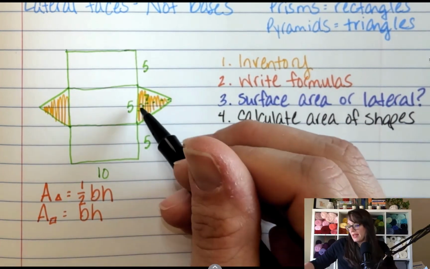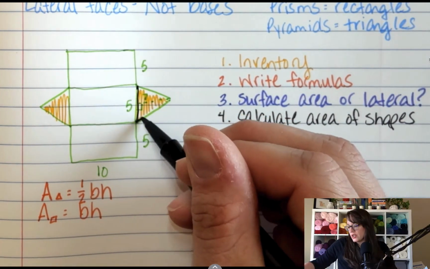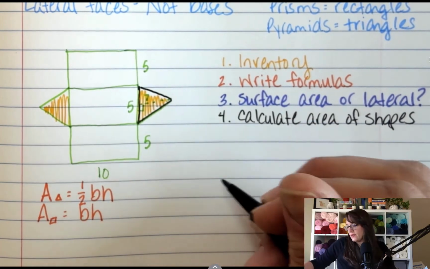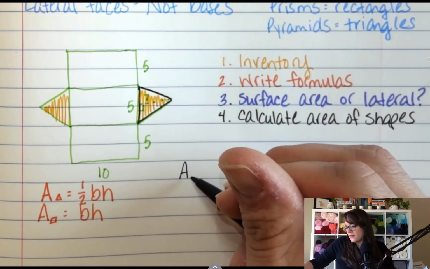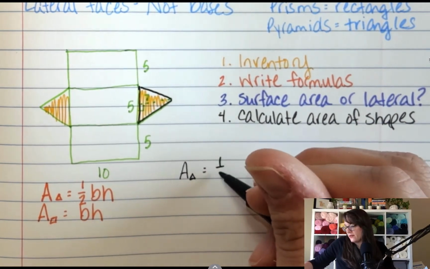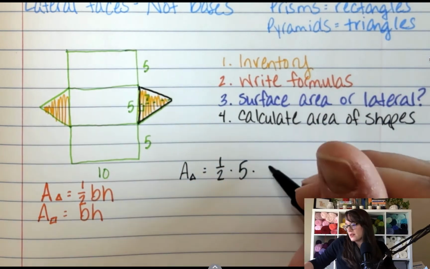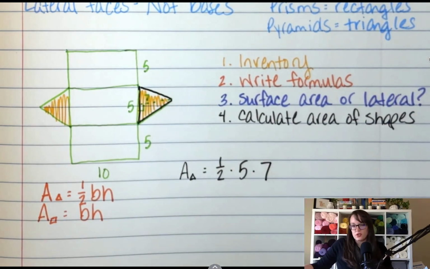So what is the base of this triangle right here? 5. So the area of this triangle is 1/2 base of 5. What's the height? 7. So now I need to work this out. What's 1/2 times 5 times 7?